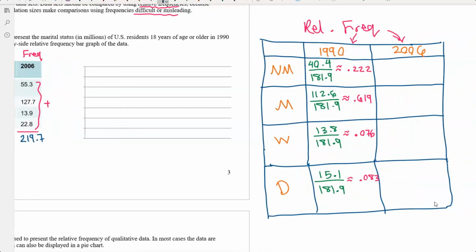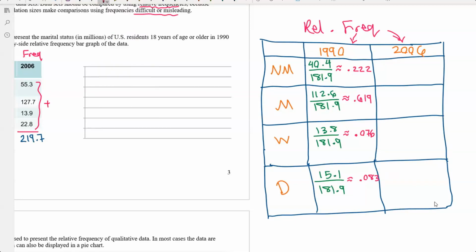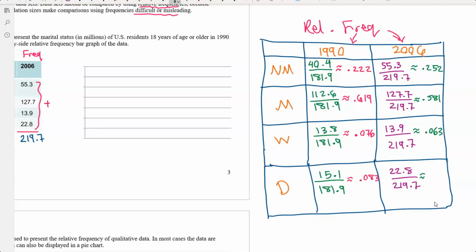Okay, now do the same thing for 2006. We have 55.3. Okay, you change color. So divided by the sum, 219.7. Here 127.7 divided by the sum. Finally, this one is 0.104.